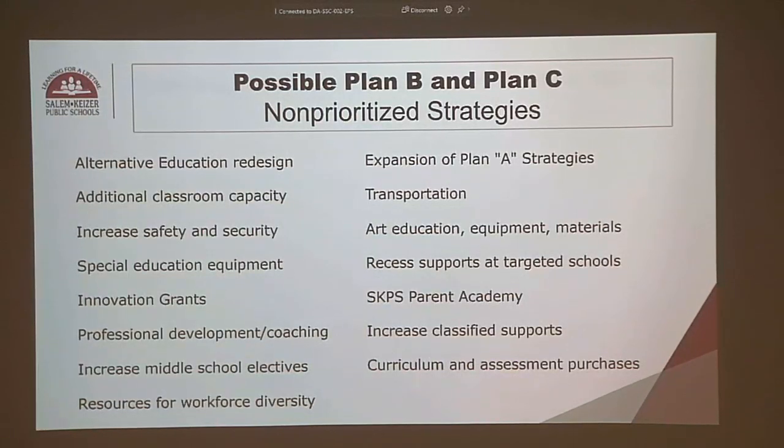So Plan B and C is just a list of activities that we could fund if we're not able to fully fund Plan A. So they're relatively broad. We don't have to break out expenditure categories on each of them. I would prefer to not go through every single one unless you want me to call out specific examples of what it could look like.